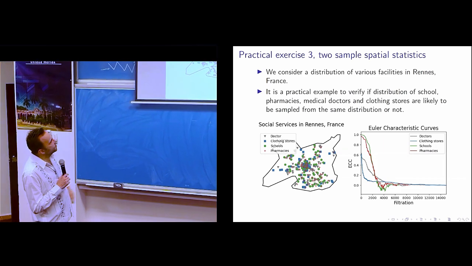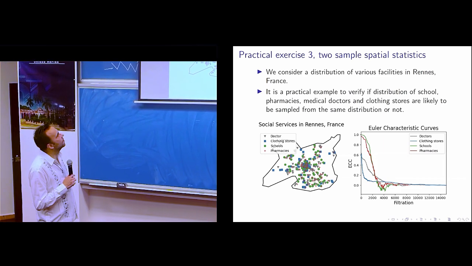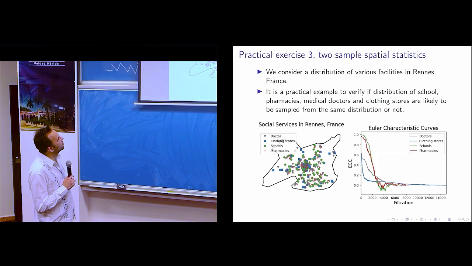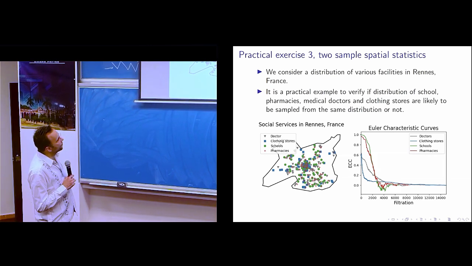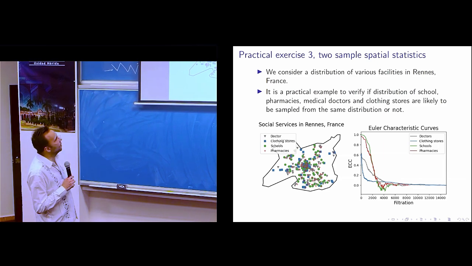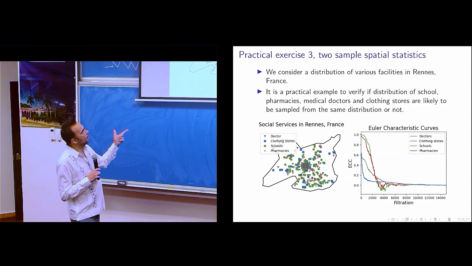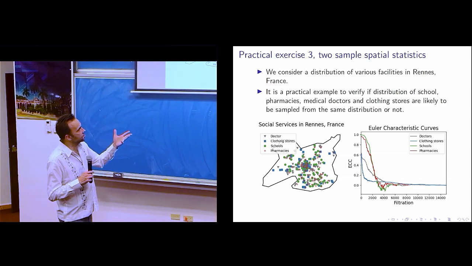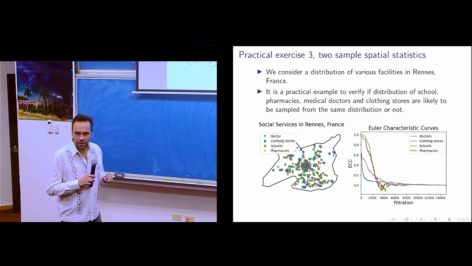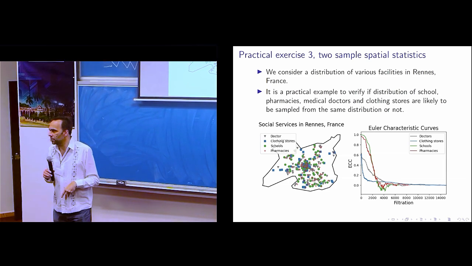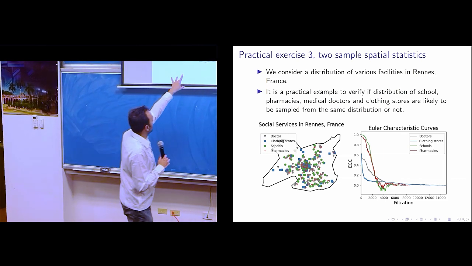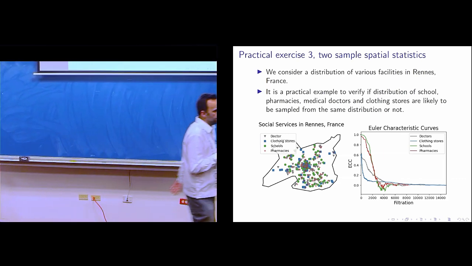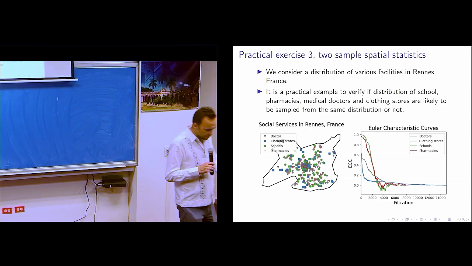We are looking at the city of Rennes in France, and we want to verify if the distribution of some facilities like schools, pharmacies, medical doctors, and clothing stores in the city of Rennes is the same distribution or maybe different distributions. You can see those in the city border. So this is a spatial statistics problem.